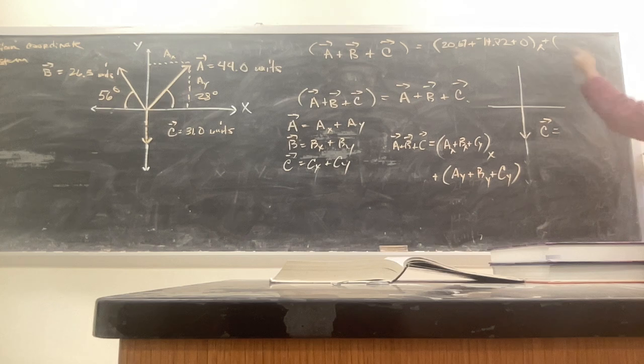What was y for A? 38.85, plus B. The Ax and Ay are flipped.